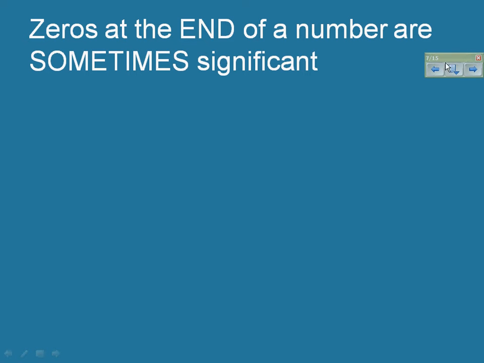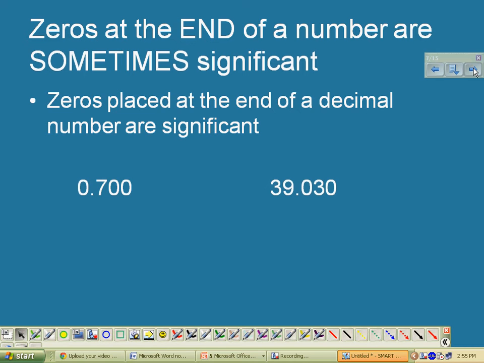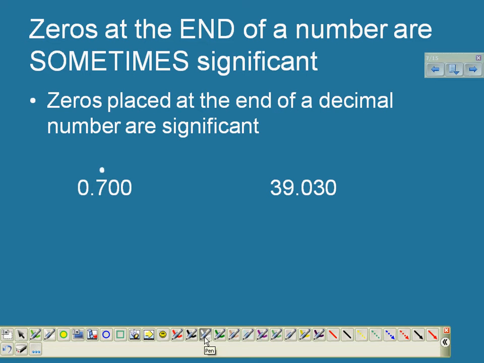Zeros at the end of a number are sometimes significant. Zeros placed at the end of a decimal number are significant. So if you remember Pacific and Atlantic rule, if the decimal is present, you start on the left side of the number or the Pacific side of the number, and you count till the end of all the digits. So for 0.700, start counting with the 7, and you count till the end of the number.